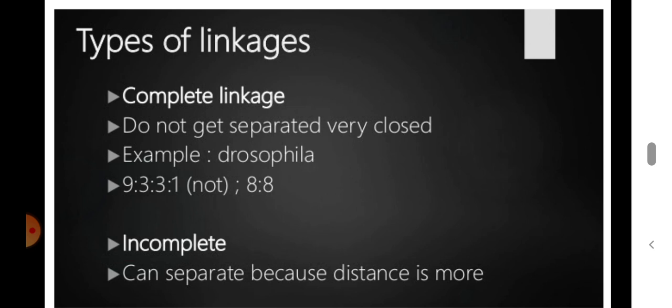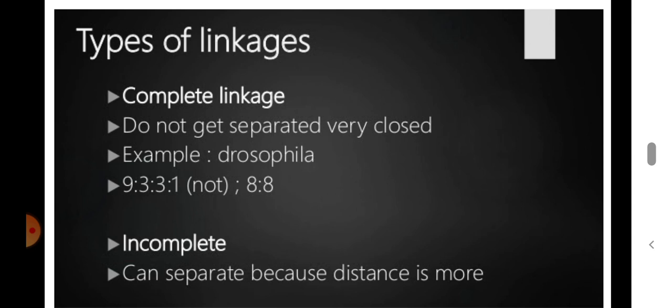The best example of complete linkage is in male Drosophila, for grey body color and long wings. Morgan demonstrated through an experiment that complete linkage occurs in the animal. The genes do not get separated because they are very close. In Drosophila, we do not get the 9:3:3:1 ratio.